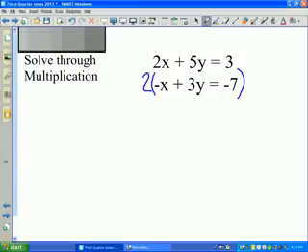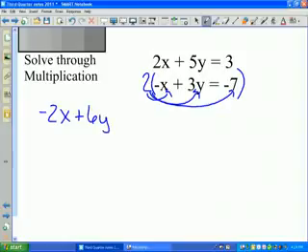You got to multiply the whole equation, even after the equal sign. You got to multiply that -7 as well by 2. So remember, it's just like distributing. I'm multiplying everything by 2. When I do that, I'm going to write it off to the side. I got a -2x plus 6y equals -14.